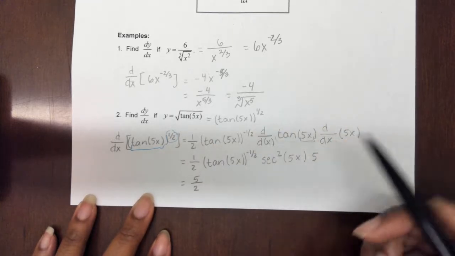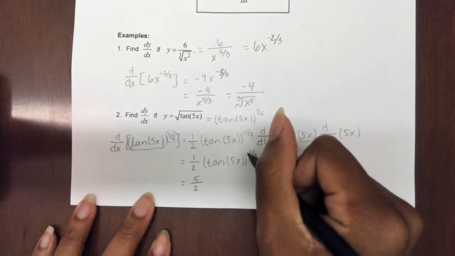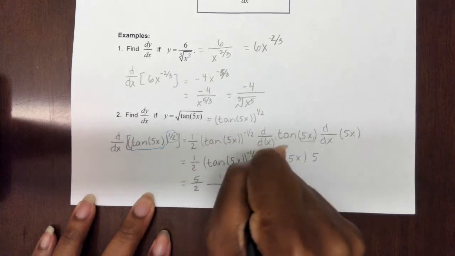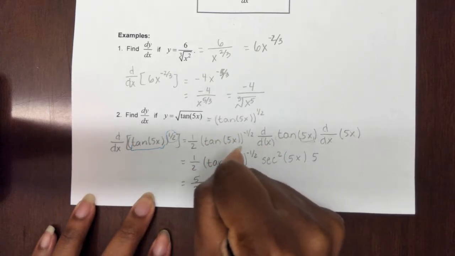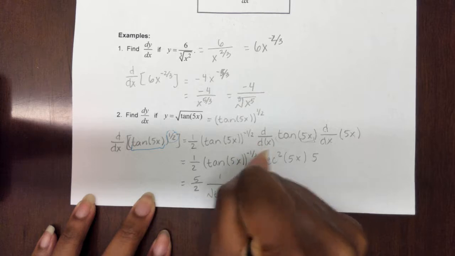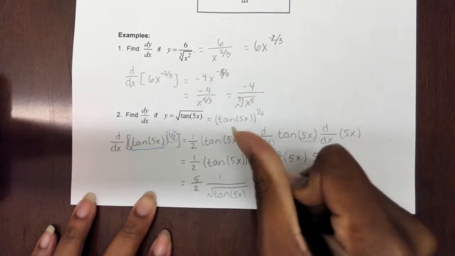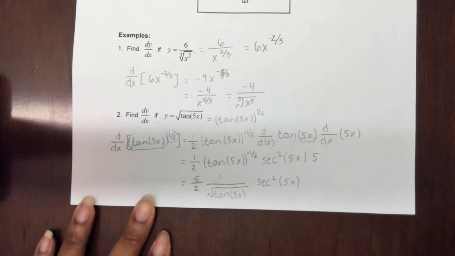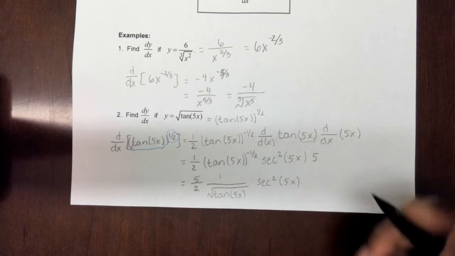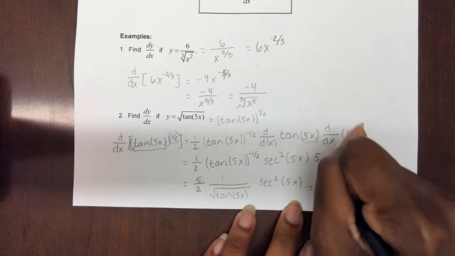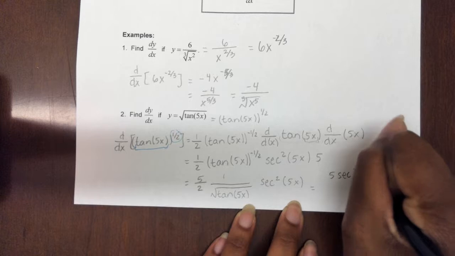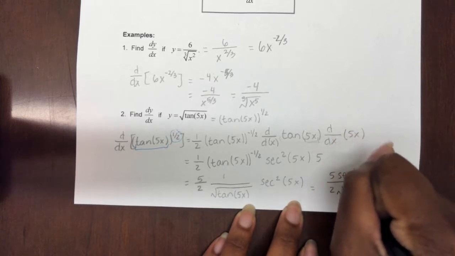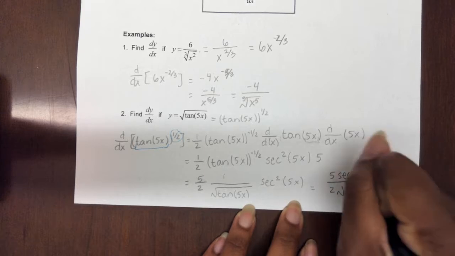Tangent 5x to the negative 1/2, right? The negative means it'll be a fraction. The 1/2 means it'll be a square root. So we have 1 over square root of tangent 5x. And then we have the secant squared 5x. And we can multiply all of that together, and we'll get 5 secant squared 5x all over 2 square root tangent 5x.